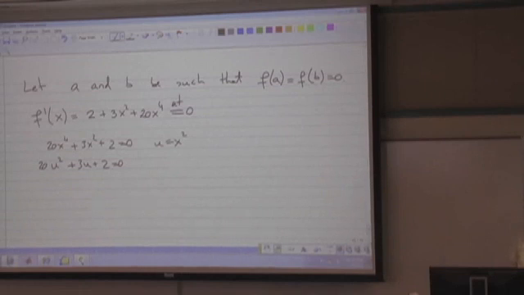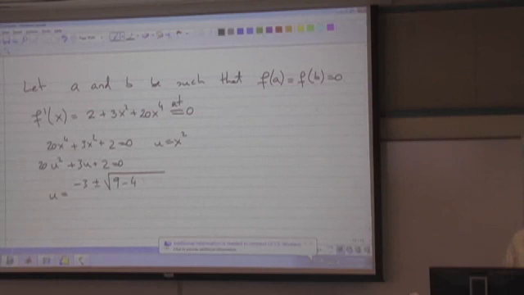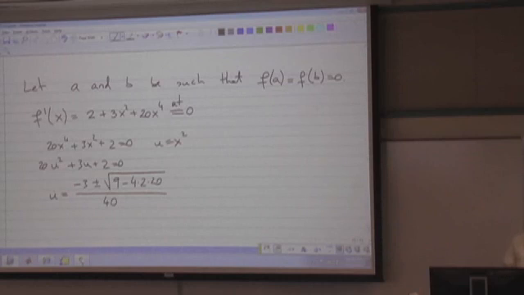If you set u equal x squared, then you end up with a quadratic, which we can solve. U is equal to -3 plus or minus the square root of 9 minus 4 times 2 times 20, divided by 40. So I have -3 plus or minus the square root of -151 over 40.